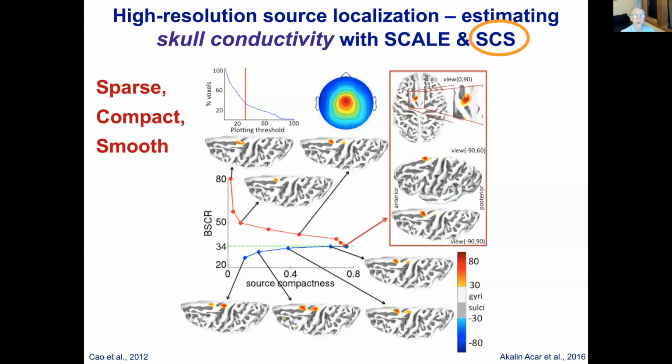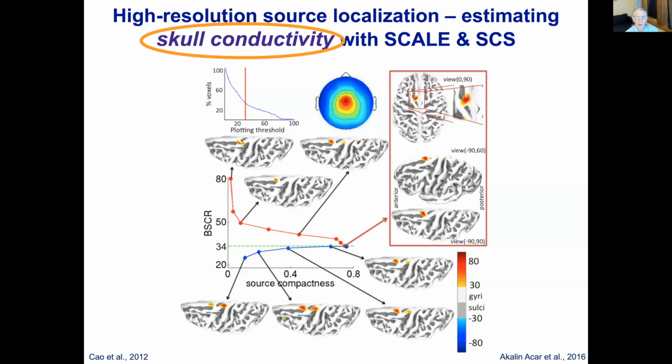It tries to find sparse, compact, smooth distributed locations for a dozen or more effective sources found in the data by ICA decomposition, using the scalp maps of those sources. It estimates the skull conductivity and puts that into the head model to allow more accurate source localization to the cortical surface.